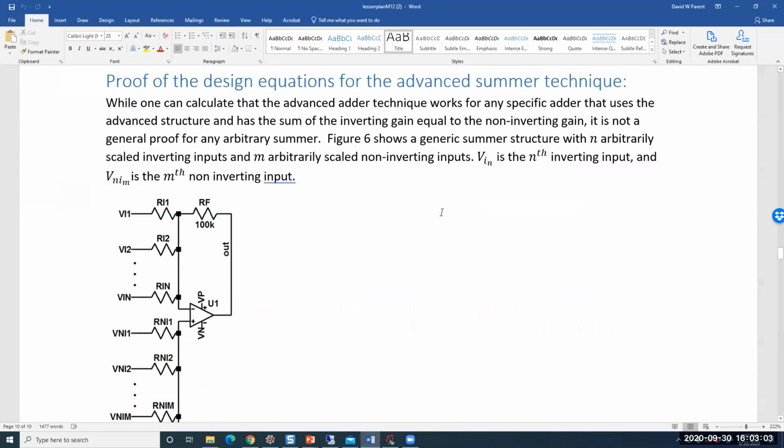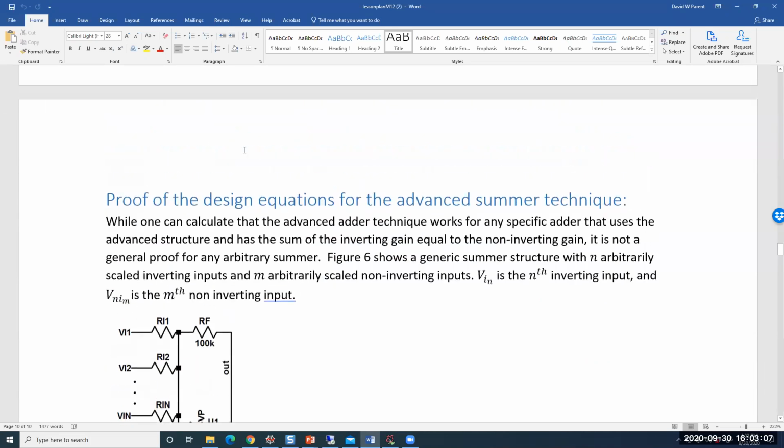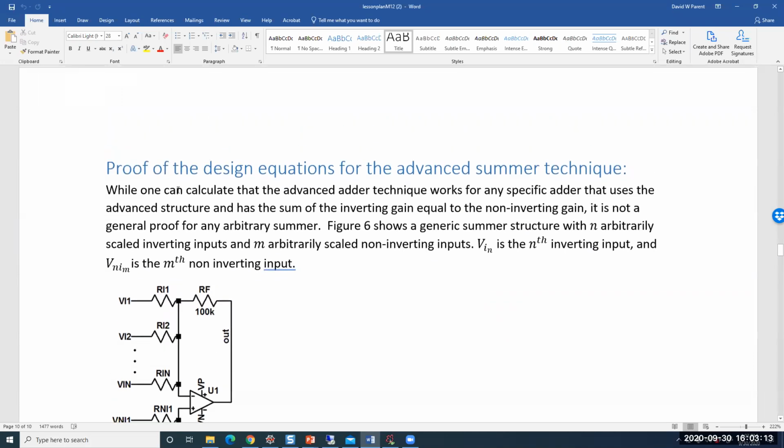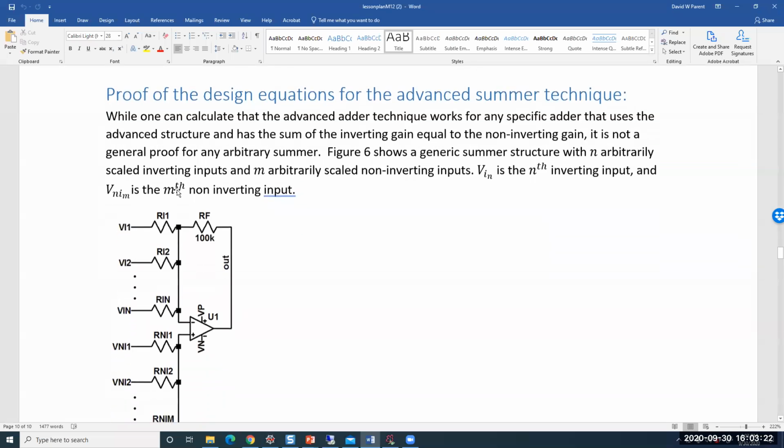Okay. I think these notes are posted, all right? And I am trying to show that these equations work, all right? I'm just going to scroll through, and it's not that I'm trying to blow you off. It's just that it's a little bit much to go through that whole derivation, all right?